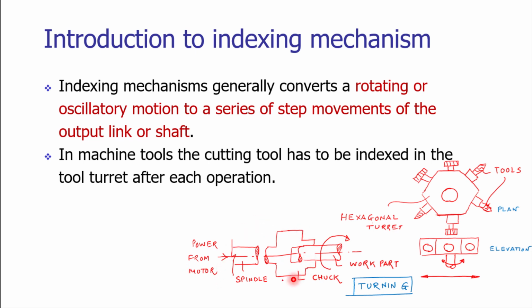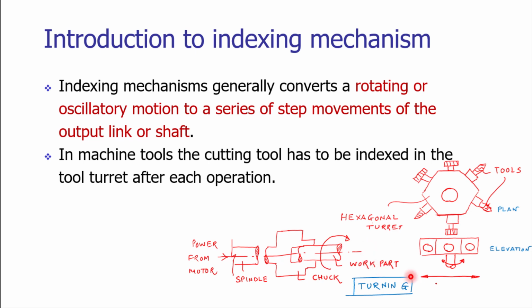As the spindle rotates, the chuck is also rotating, and the work part will also rotate about its own axis. We are using a cutting tool which is harder than the work part, and by having the relative motion of the cutting tool with the work part, we are reducing the size of the work part.